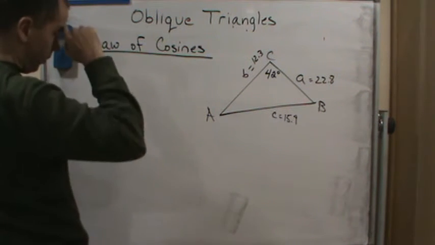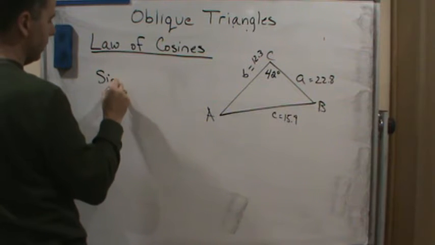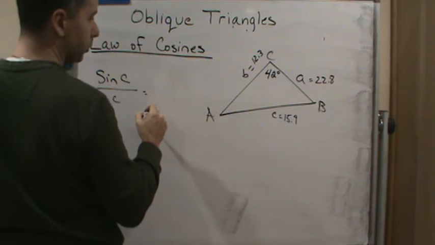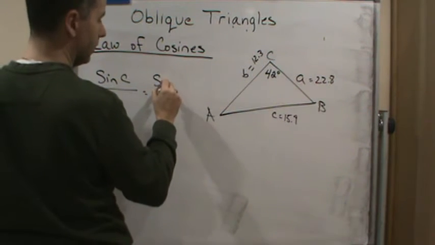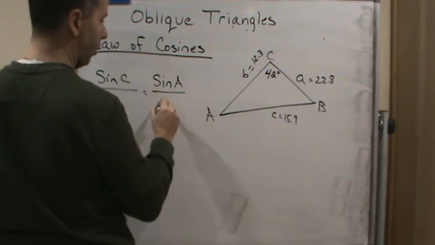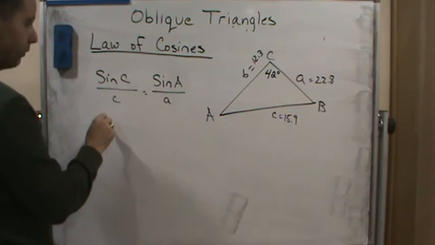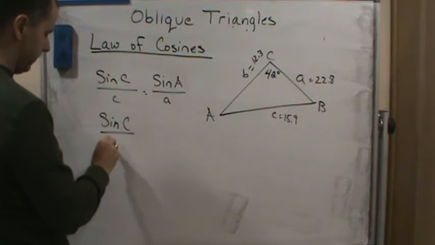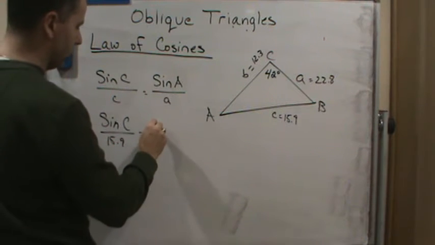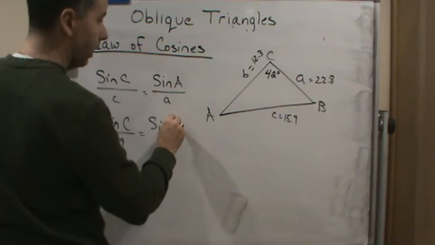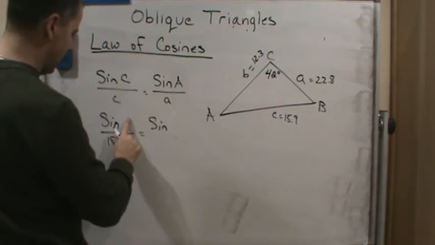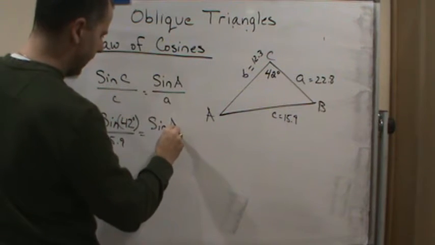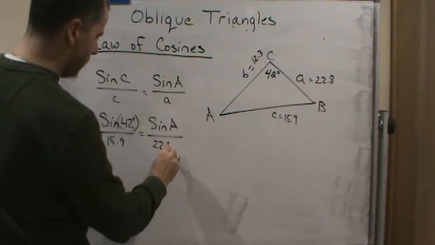So let's do what we're given. So let's do sine C over C is equal to sine A over A. And so now we get sine 42 degrees over 15.9 equals sine A over 22.8.